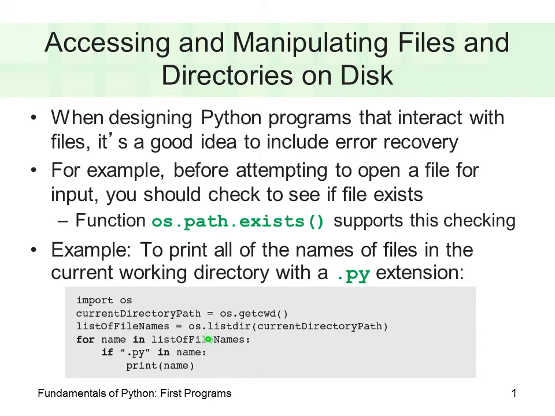We could then invoke the listdir function on the current directory path, and it would give us a list of file names. Here we have a for loop for name in list of file names, and we can check if .py is in the name, then we're going to print it. So this is a nice little script to write if you'd like to have a printout of all your Python programs in a particular folder.